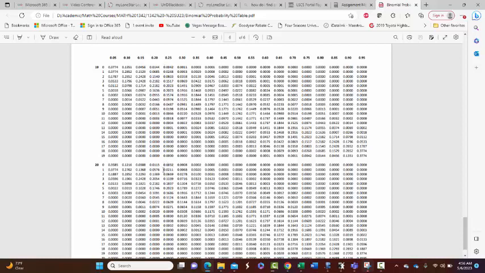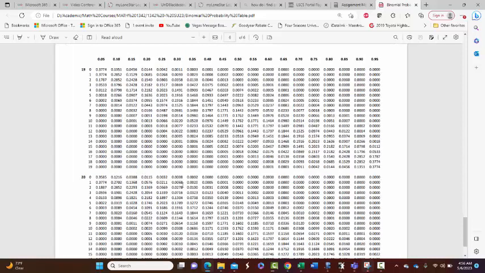It won't let me highlight that. Well, let me draw it. Okay, so it's that column right there. And then we want 0, 1, 2, 3, 4.